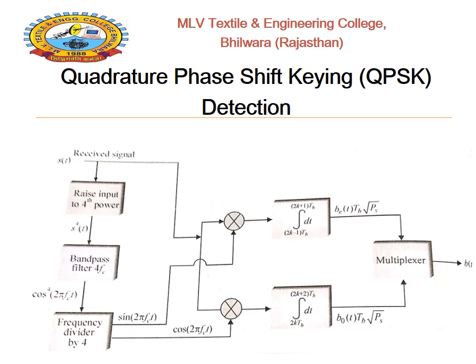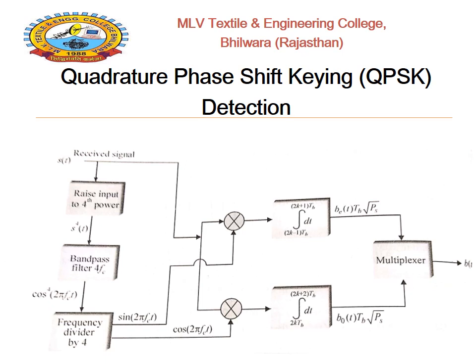Okay, next it is passing through the band pass filter having the frequency component of 4 fc. So the output of the band pass filter is cos to the power 4 of 2 pi fc t. Okay, next it is given to the frequency divider by 4.